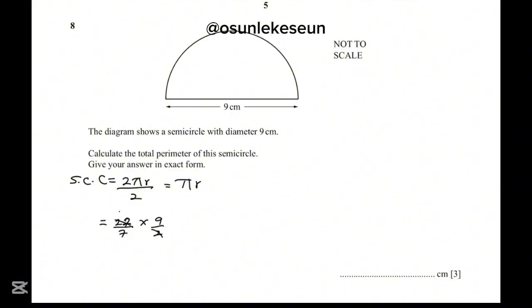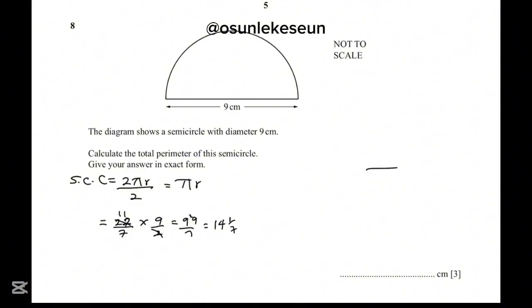That is going to give us 11, so we have 99 over 7. So 99 over 7 is the circumference of this semicircle. So 99 over 7 is going to give us 14.